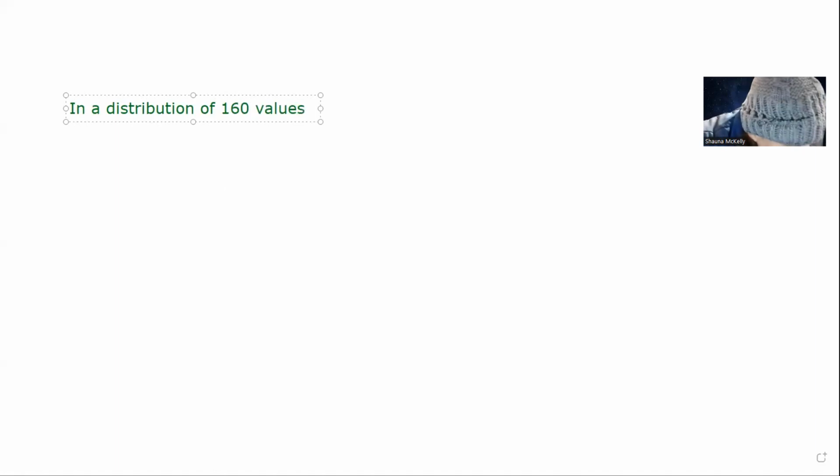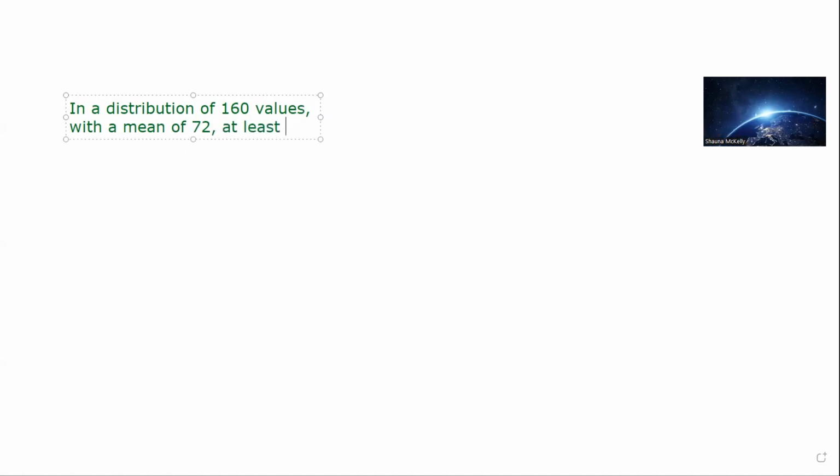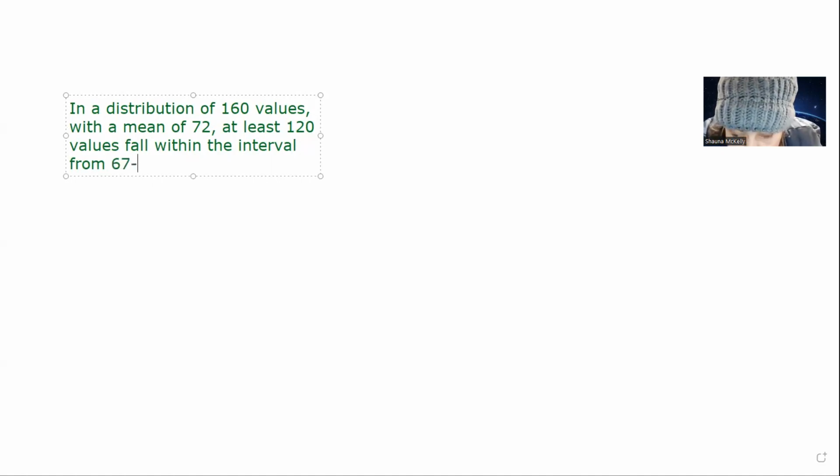It says, in a distribution of 160 values with a mean of 72, at least 120 values fall within the interval from 67 to 77.